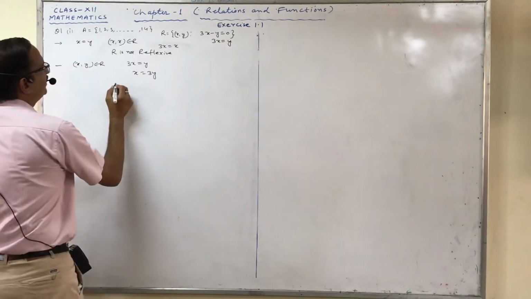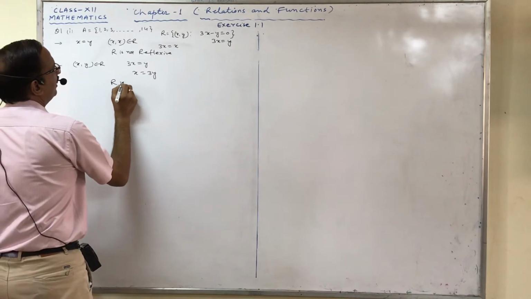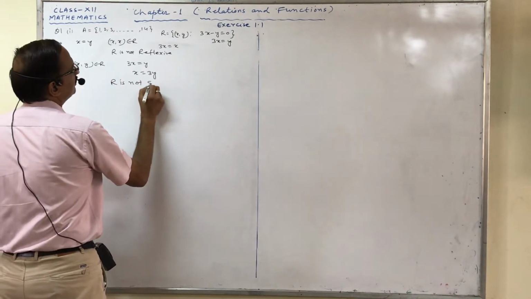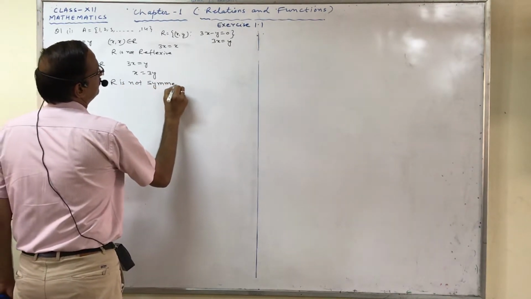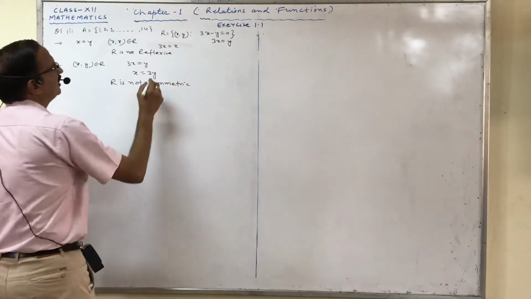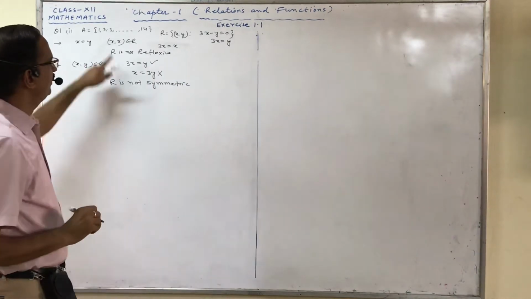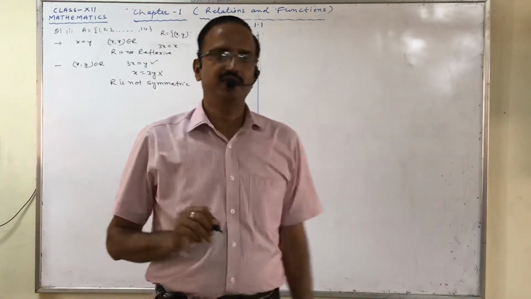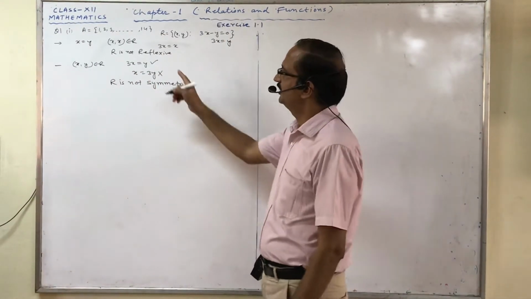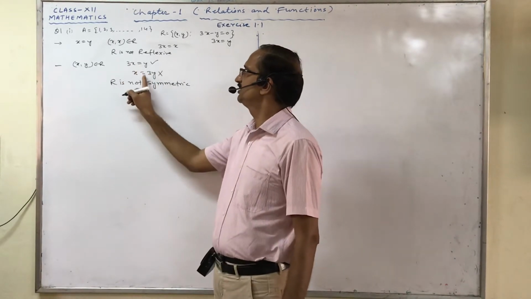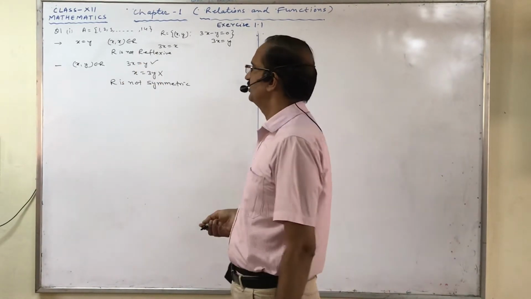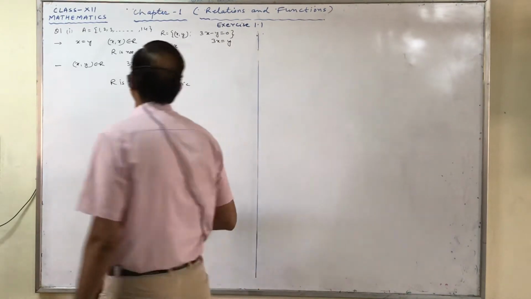So we can write R is not symmetric. When this is possible, then that is not possible for this given set of elements. You can take any example also.